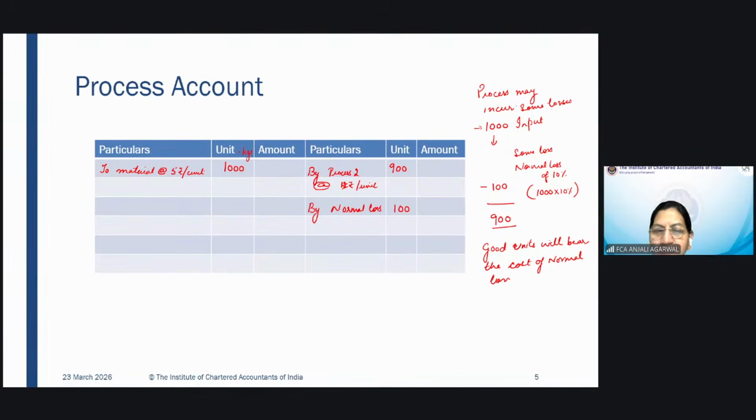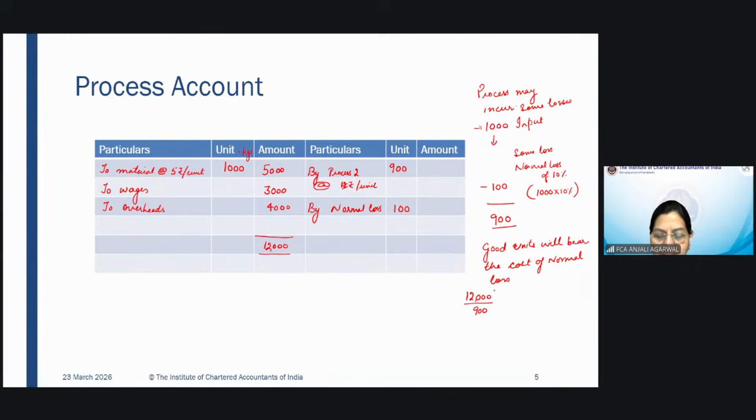If I continue with the same example, we had material which was 5,000 and wages incurred were 3,000. And similarly, overheads were 4,000. So the total cost was 12,000, but now it will not be 12 rupee per unit, as the cost of 12,000 has to be borne by 900 units.